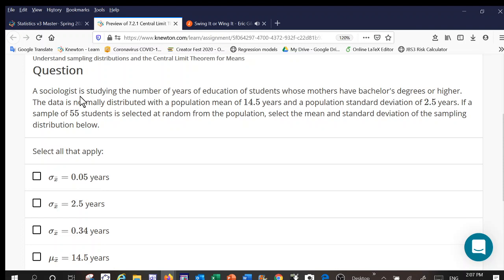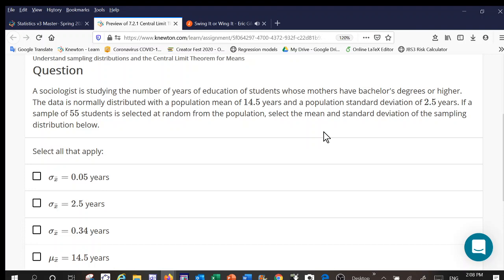Now, it looks like we have a population here. A sociologist studying the number of years of education of students whose mothers have bachelor's degrees or higher. Data is normally distributed with a population mean of 14.5 and a population standard deviation given. Samples of size 55 are taken.